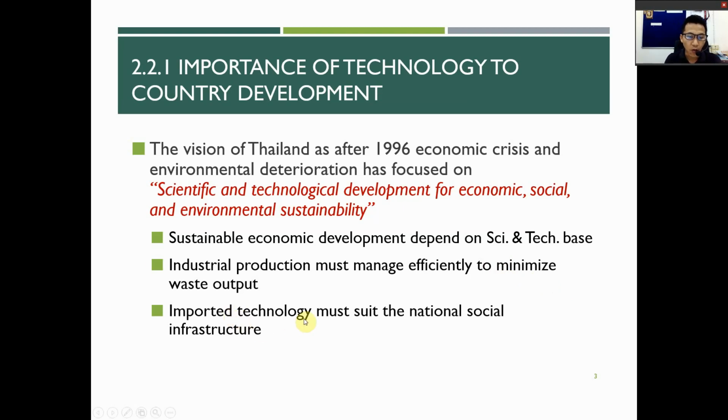The last one is important technology that we adopt from other, higher developed countries advanced in technology. It has to suit our nation very well, especially the social infrastructure, so that we can achieve sustainability in all three wheels here.